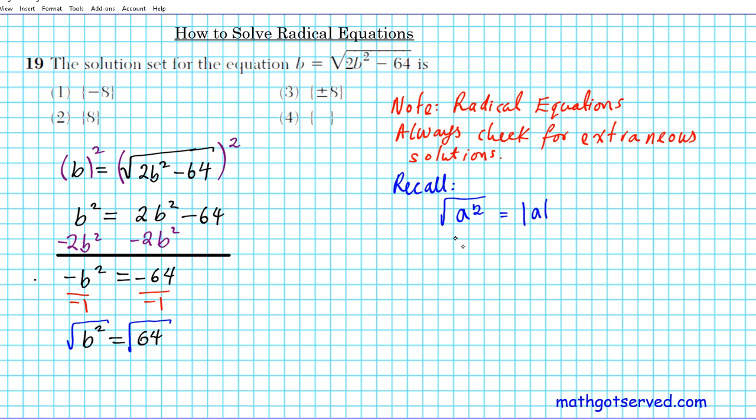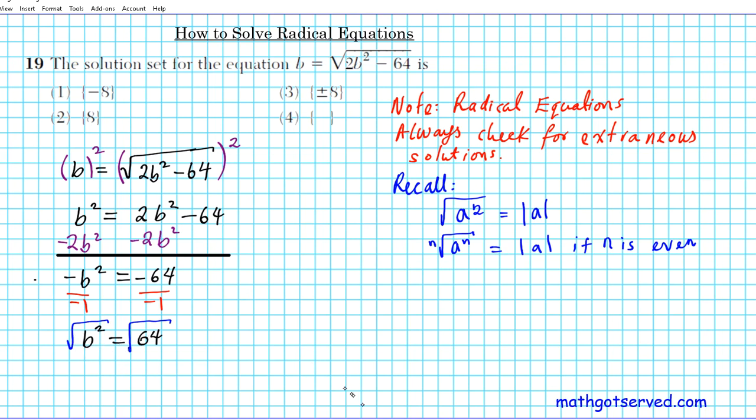More generally speaking, the nth root of a to the n is always going to be the absolute value of a if n is even. So don't forget, very important.